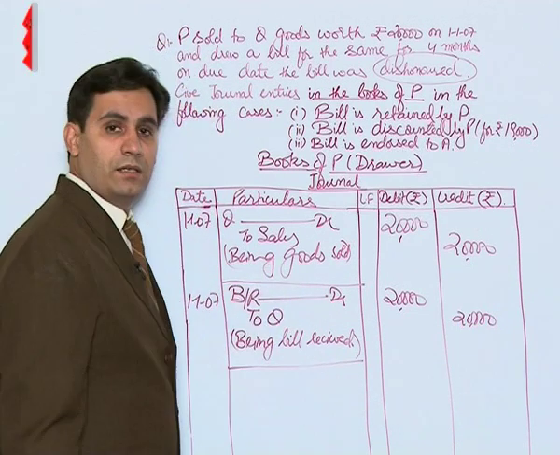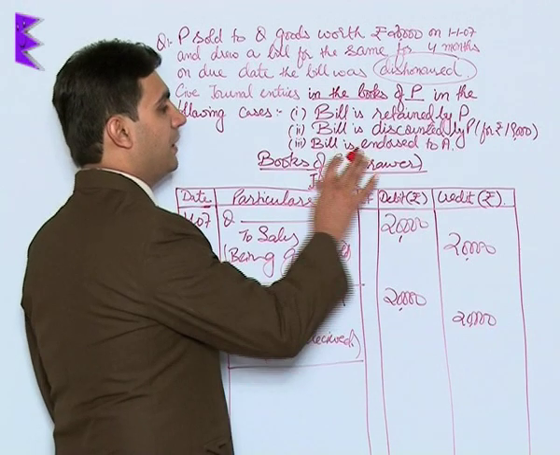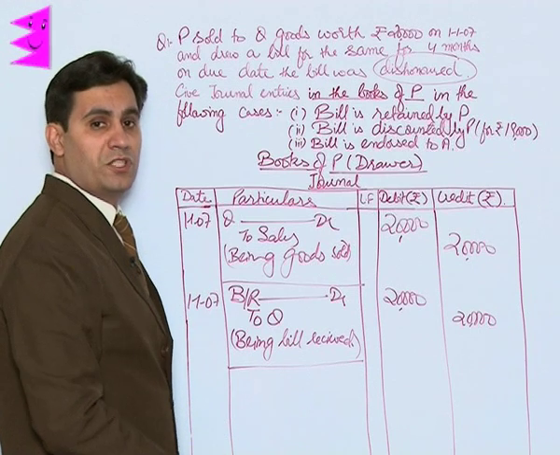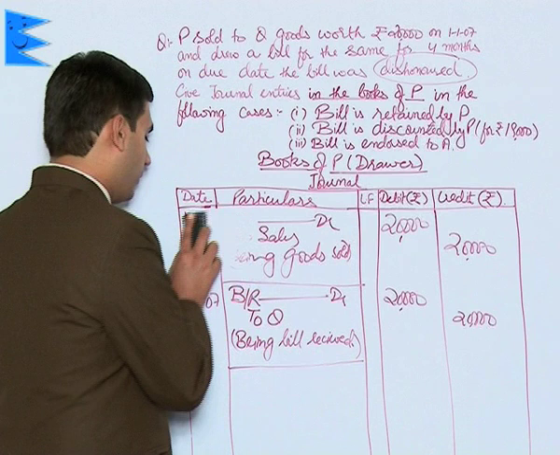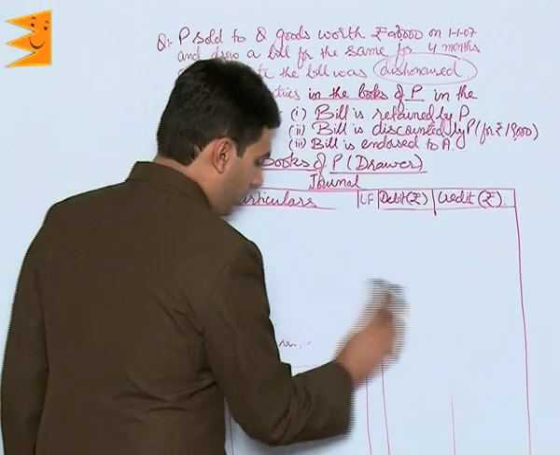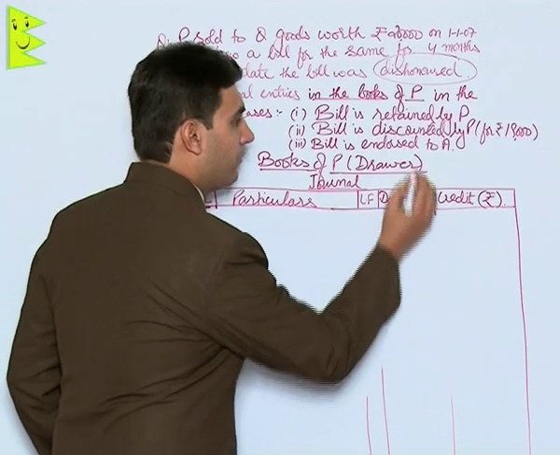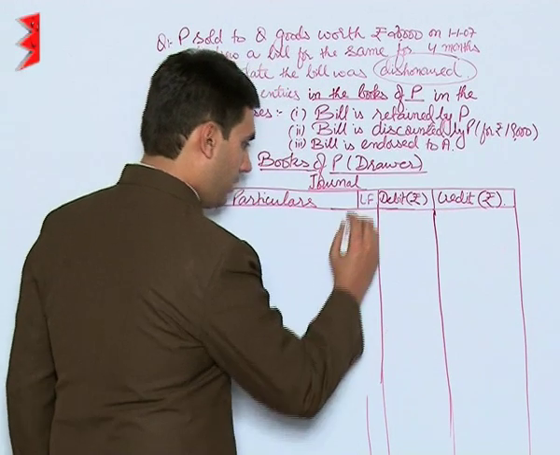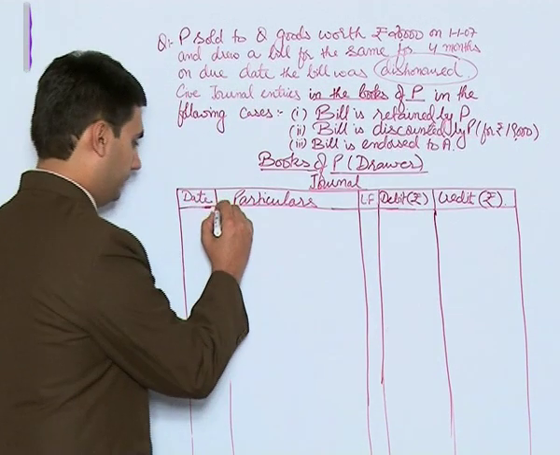Now these 2 entries are same. It further goes on to say that this bill was endorsed by P to A. So the next entry that should follow logically is the one of endorsement. Let us see what that entry would be. In this case, P is the drawer and since it has been transferred to A, therefore A would be the endorsee. Remember, A is a person, hence the rules for personal accounts would apply here.